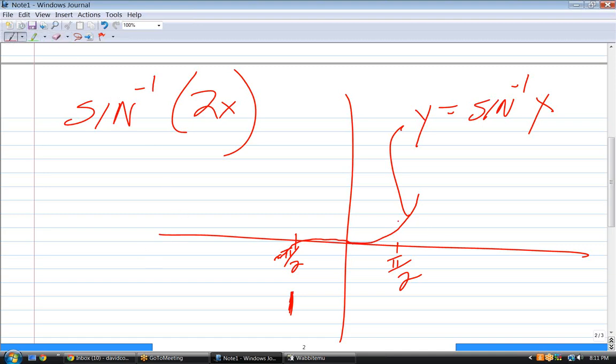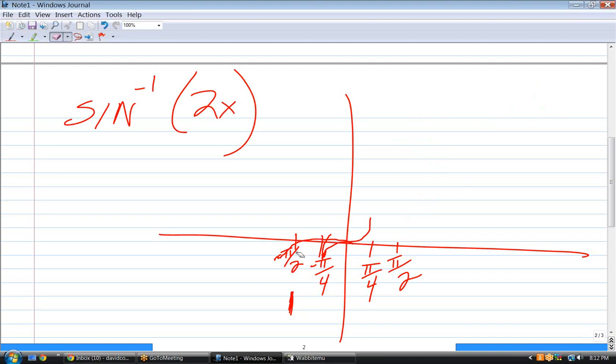So this is a shrink by a factor of 2, meaning instead of going from minus pi over 2 to plus pi over 2, I'm going to go from minus pi over 4 to plus pi over 4 with that same function, only it's now squeezed, a horizontal squeeze. So I erase that one, and I've got that one now. And that's how we graph that inverse trig function.